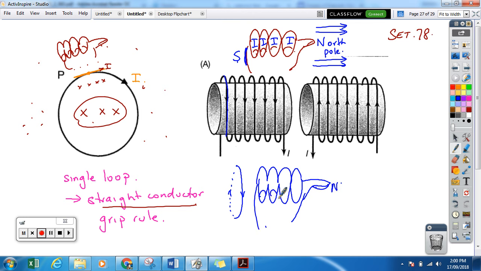That means this is the South Pole and this is the North Pole.